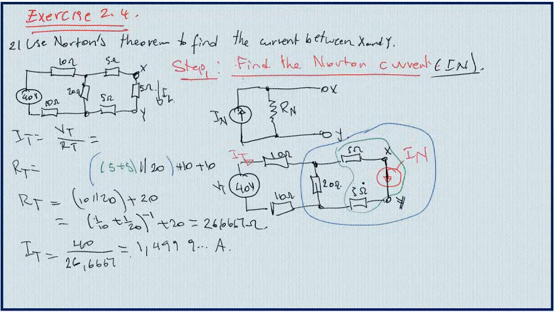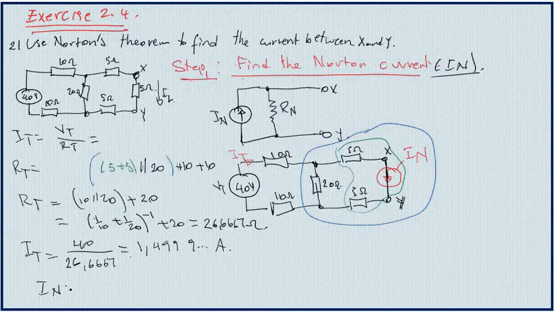So how to determine the current in this branch? I'm going to need to apply the current division theorem. So the current in this branch is the Norton current.